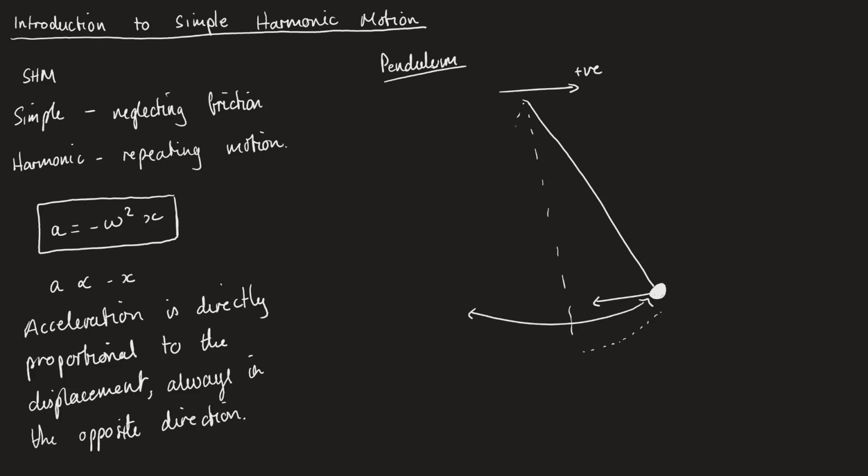And if I were to then have a look at the other side, when the displacement goes negative, it's always accelerating to try and go back that way, because it will slow down when it first comes, and then it will accelerate back this way. So really, if the acceleration is in the negative direction, you must be displaced to the positive direction. And if you're displaced to the negative direction, then your acceleration must be in the positive direction. And this is why this works.